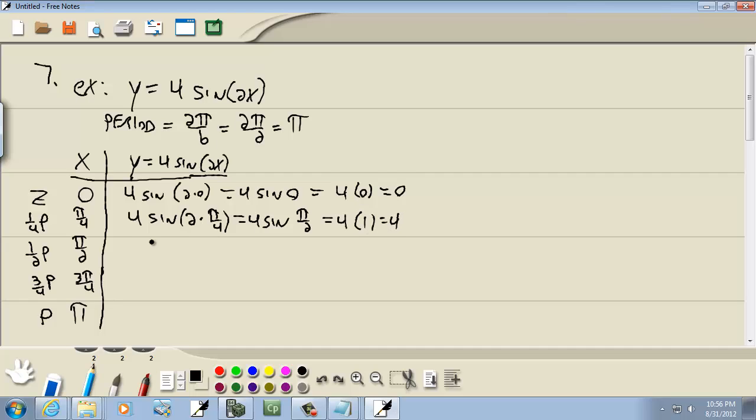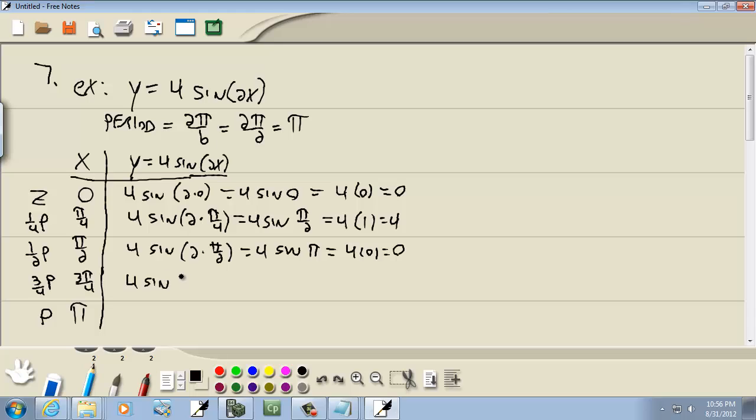So that's 4. And here we got 4 sine 2 times pi over 2, which gives us 4 sine pi, which I'm over to the other side now, so I'm back to 0. So that gives me 4 times 0.